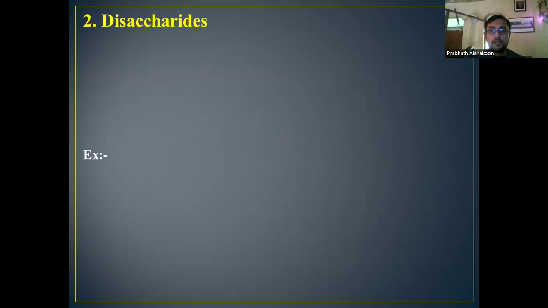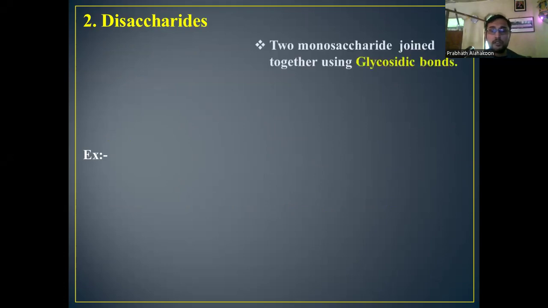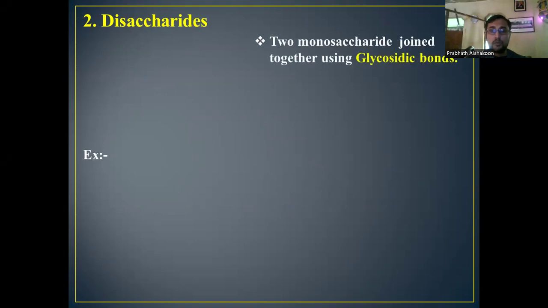Okay, now we discuss the next carbohydrate type, the disaccharide. Disaccharide means two monosaccharide molecules joined together by a glycosidic bond.